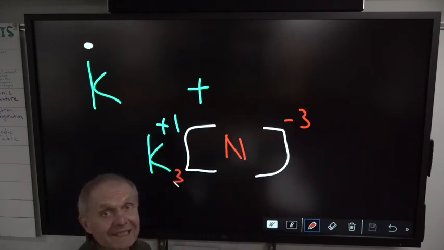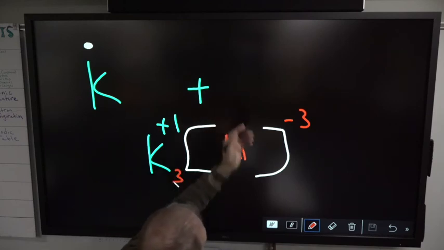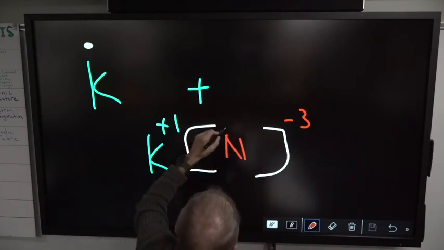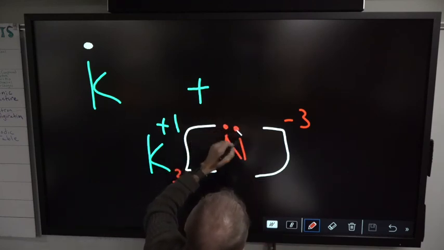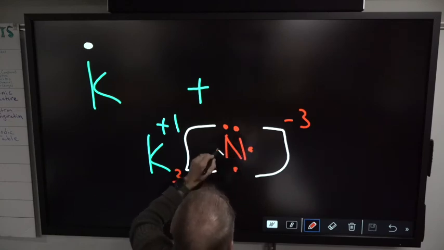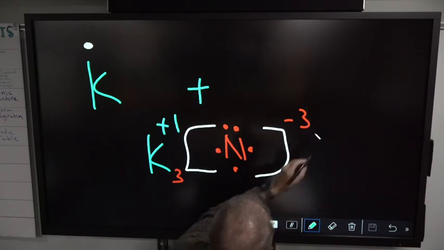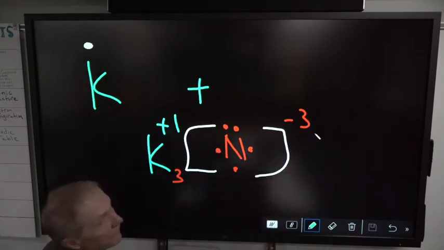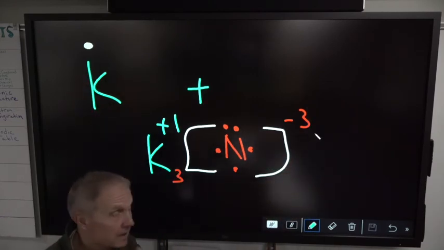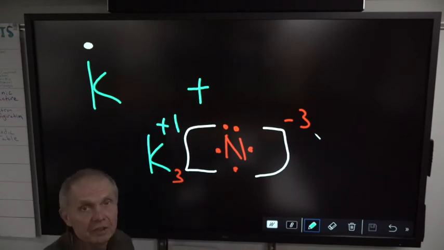Now we put in the electron dots. Well, N had 5. So N had 1, 2, 3, 4, 5. And potassium wants to give away 1. But there are 3 potassiums.